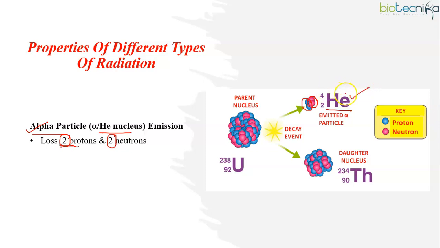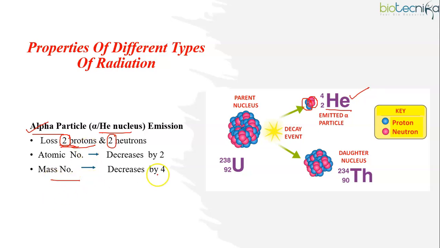Now the number of protons is nothing but the atomic number. So this is the reason I am saying that emission of alpha particle results in lightening of the nucleus with a decrease in atomic number of 2, and because mass number is given by the sum of atomic number and number of neutrons, the mass number decreases by 4.